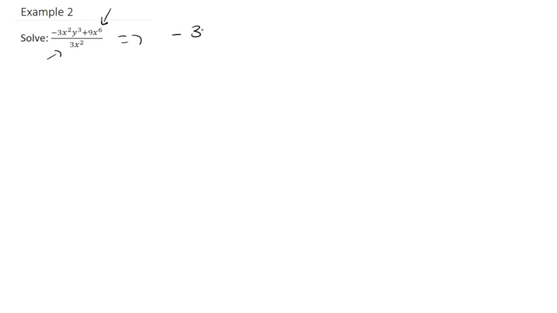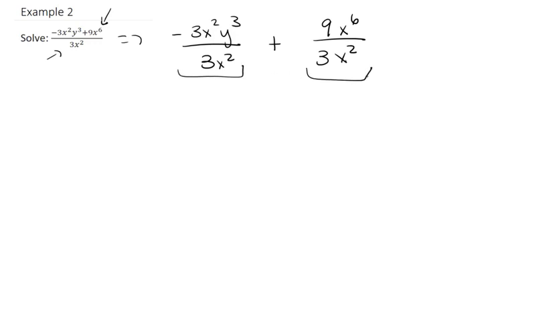So we can go negative 3x squared y to the third divided by 3x squared plus 9x to the sixth divided by 3x squared. So what we just did is we deconstructed it and made it into an easier problem for us to deal with.